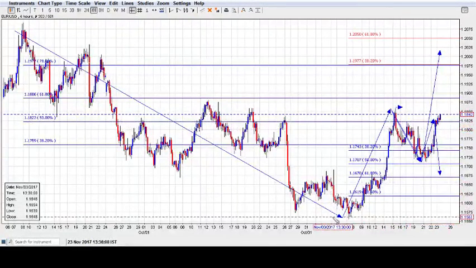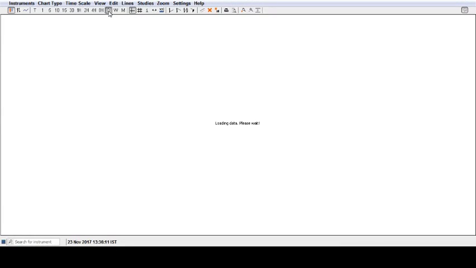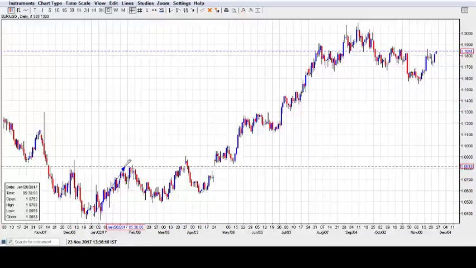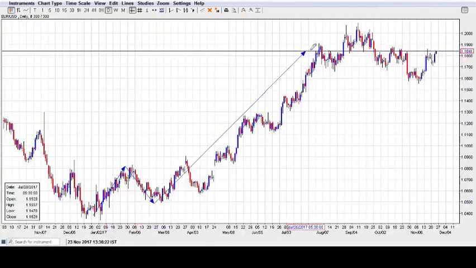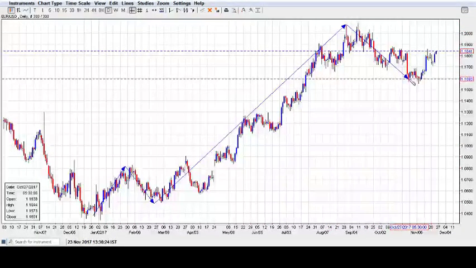But the overall structure on the daily chart for Euro USD still remains strong, in the sense that we've got the first wave here and the second wave that remains as an extended third wave. Are we still working on a fourth wave?